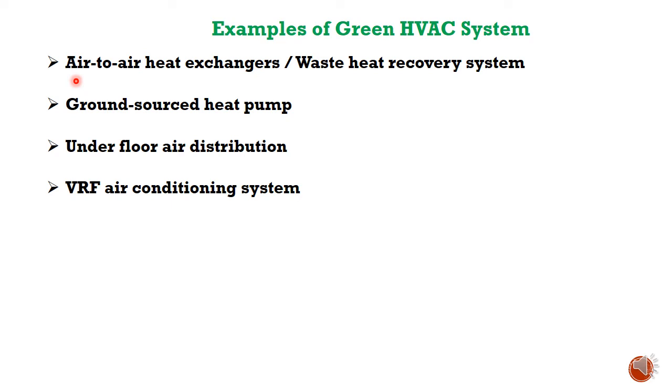So one of it is air-to-air heat exchangers, which uses waste heat from recovery system, and ground source heat pump, which uses geothermal energy from the earth, and underfloor air distribution, and also variable refrigerant flow air conditioning system.